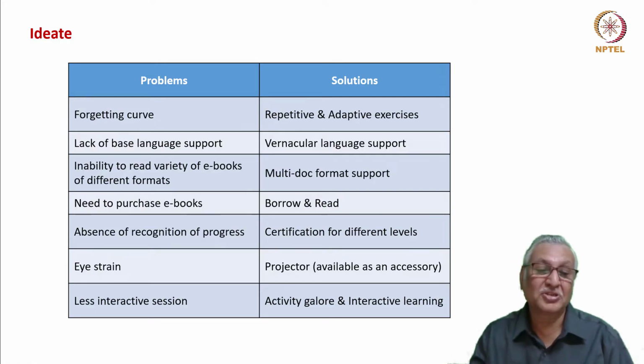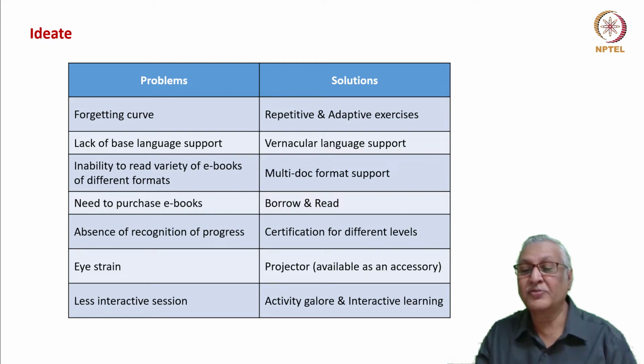The need to purchase ebooks, therefore being a drain on resources, is overcome by the borrow and read feature. Absence of recognition of progress is addressed by certification for different levels. Eye strain is minimized by the projector, which is available as an accessory. Less interactive sessions are substituted by a plethora of activities and interactive learning.